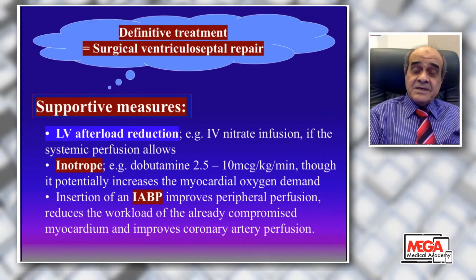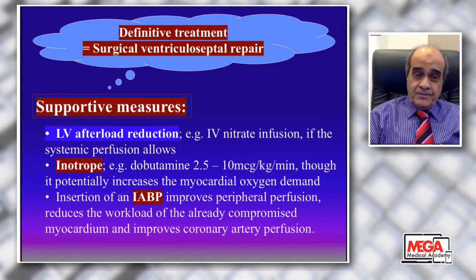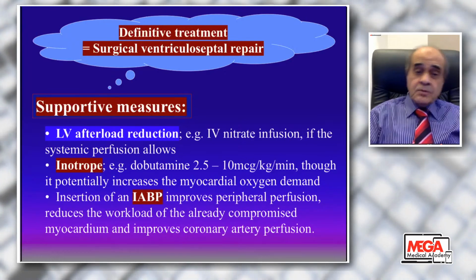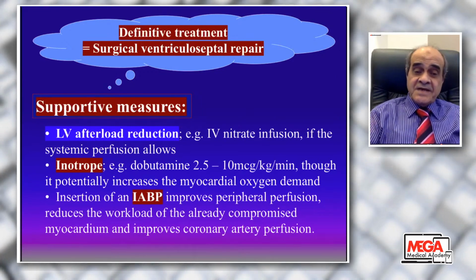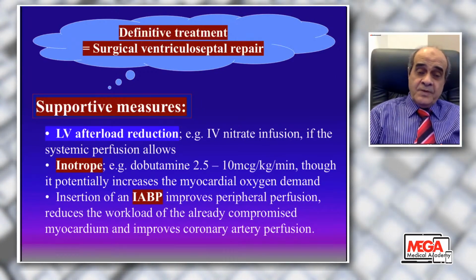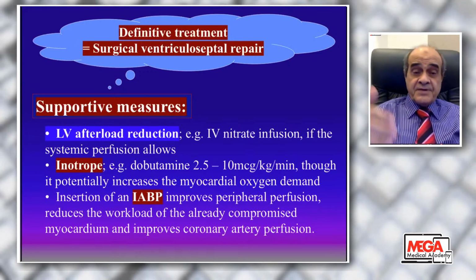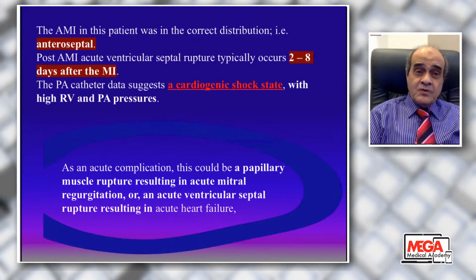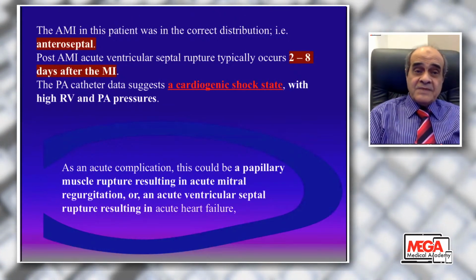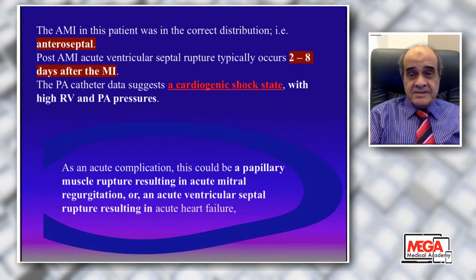So the treatment here is to try to decrease the left ventricular afterload, either by drugs or through intra-aortic balloon counterpulsation, to decrease the afterload and augment the diastolic pressure. We can use dobutamine, and we can use nitrate if the blood pressure can tolerate it. We also have to admit the patient to cardiac theaters for repair of the septum.